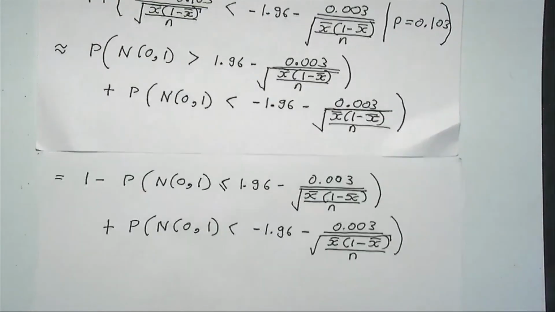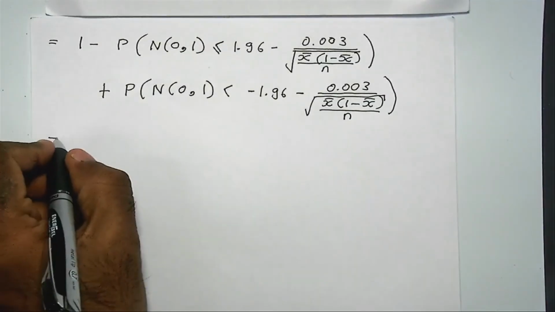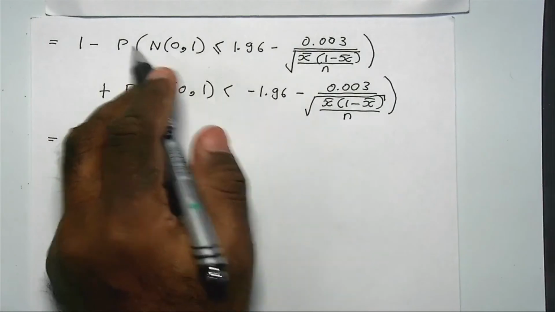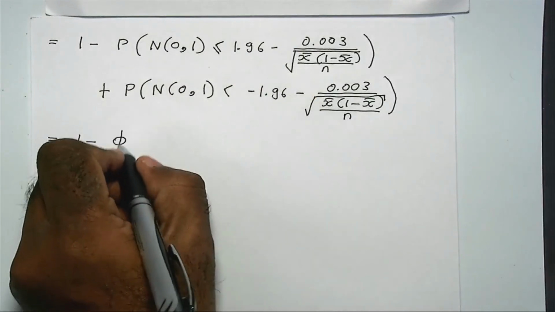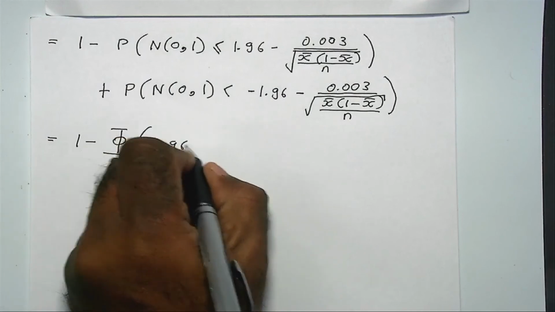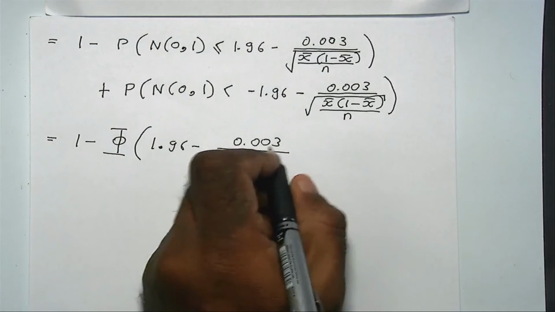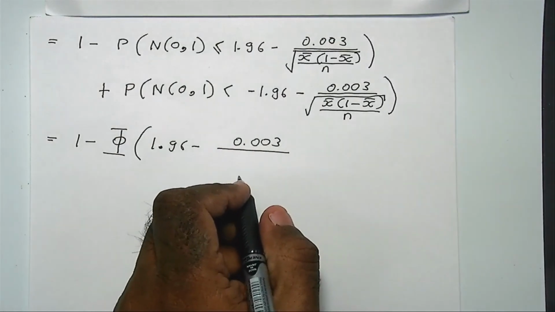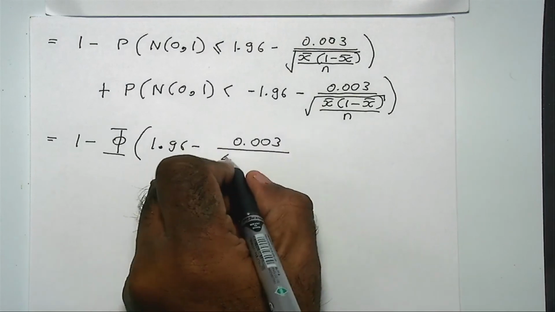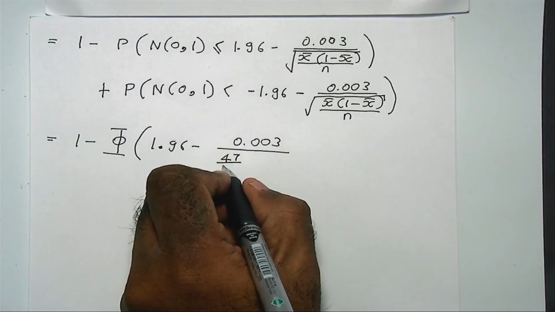Alright guys, now in the final step, or at least the penultimate step, you can write this as phi at 1.96 minus 0.003 divided by our x bar. X bar we know is 47 by 400.